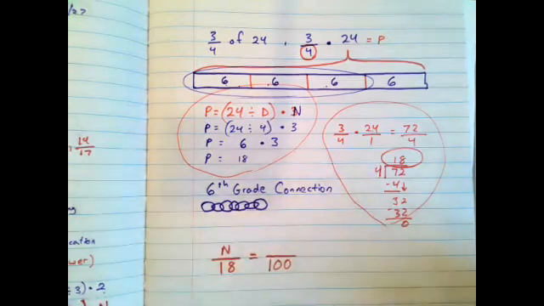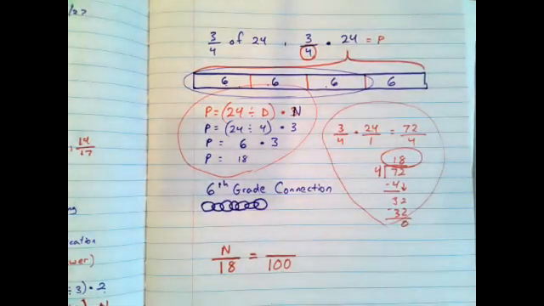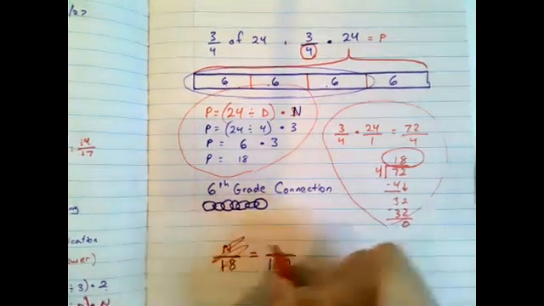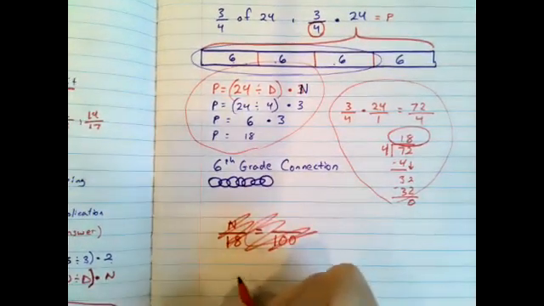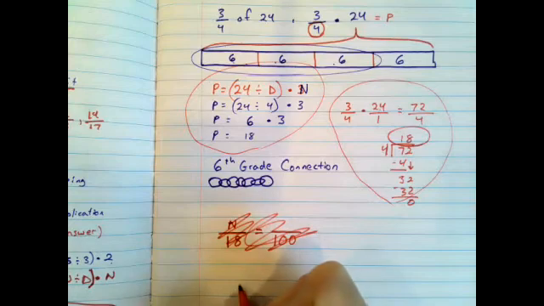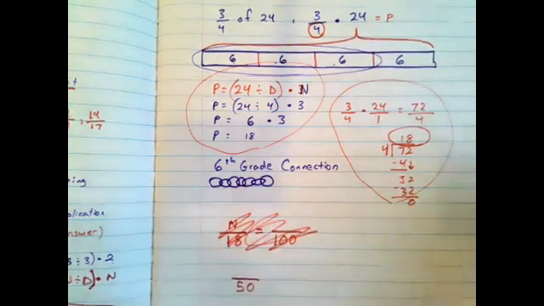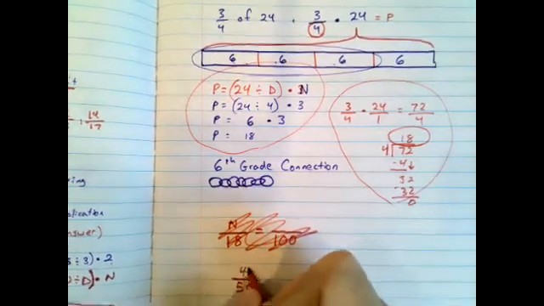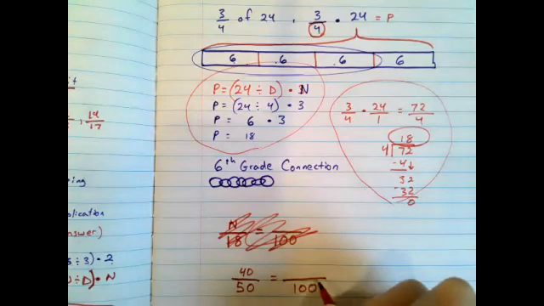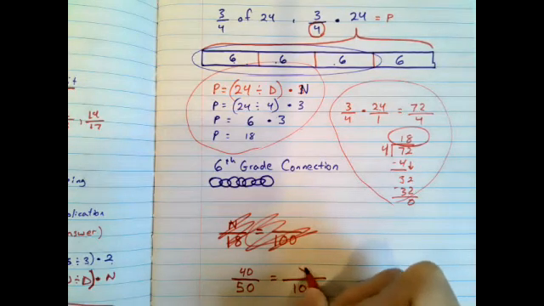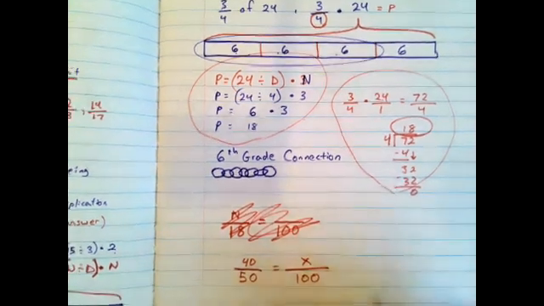Let's see, I think I need to have an easier example. Let's try this again. Let's make it something very simple. Let's do a 50-point quiz and you got 40. So if you got 40 out of 50, we can figure out what your overall percent is.